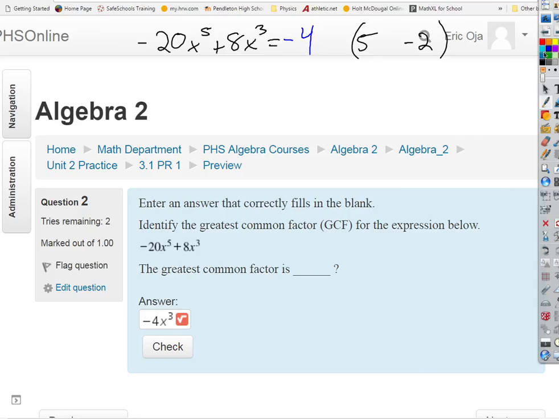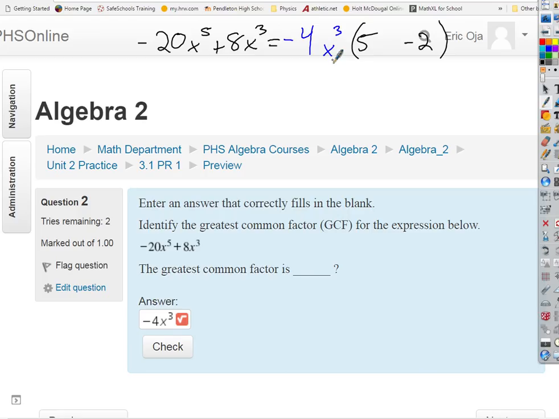Now let's deal with the powers of x, right? If we take out an x cubed, what I want to know is what power of x is left over with the 5. In other words, x cubed times what is x to the 5th? Think about what this means. An x cubed is a string of 3 x's multiplied together, right?